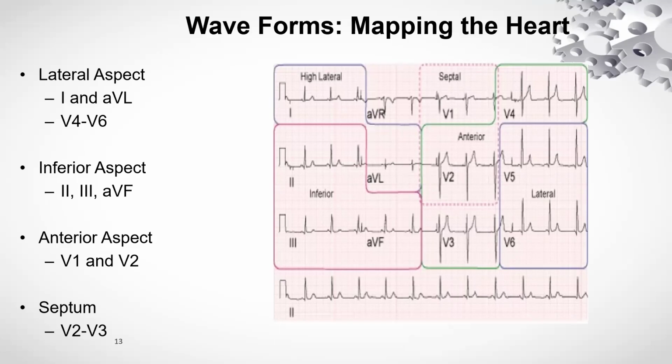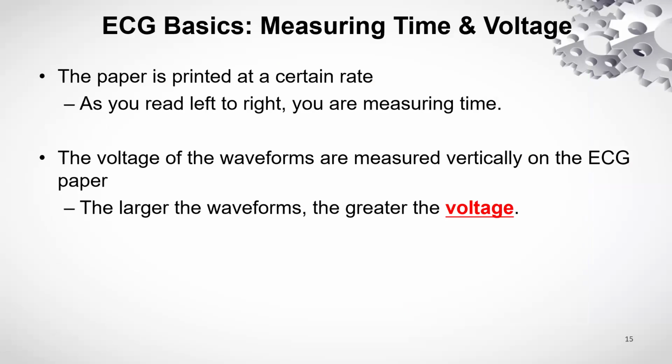Like I mentioned, for the inferior aspect of the heart, you use lead 2, lead 3, and the augmented foot lead. The lateral aspect, you look at lead 1 and AVL. This will become very useful as we proceed in the course of the discussion.